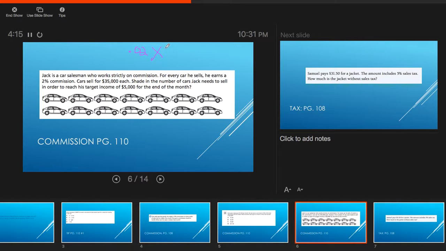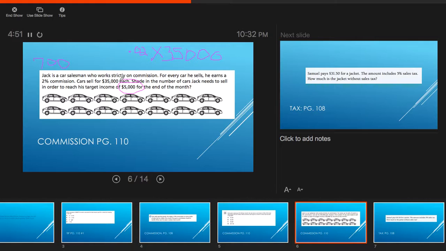So we're going to do that times 35,000, and we're going to see how much one car would be worth. So 0.02 times 35,000. And that's $700 per car, okay? $700 per car. And it says here that he wants $5,000. So we need to see how many cars he needs to sell in order to get close to $5,000.